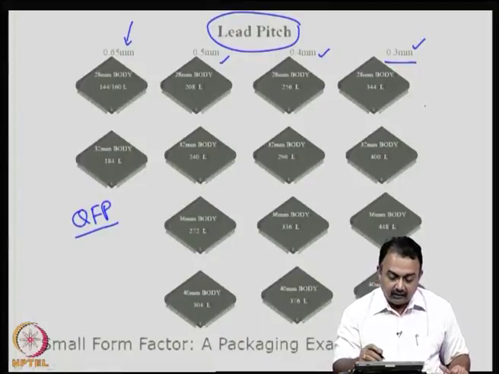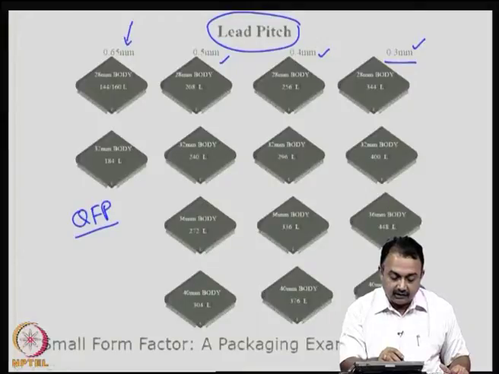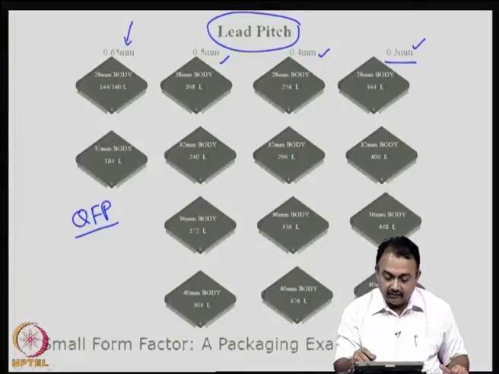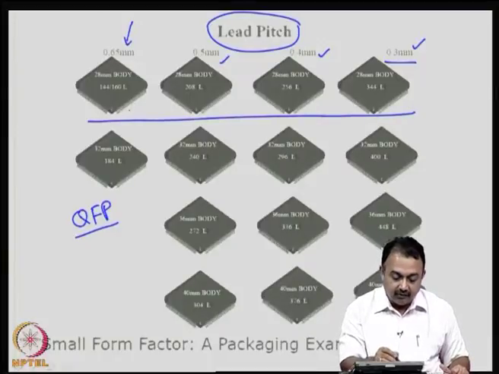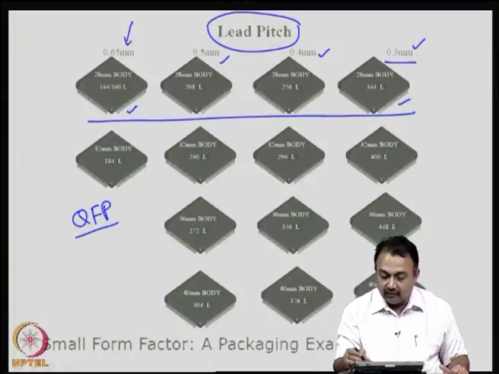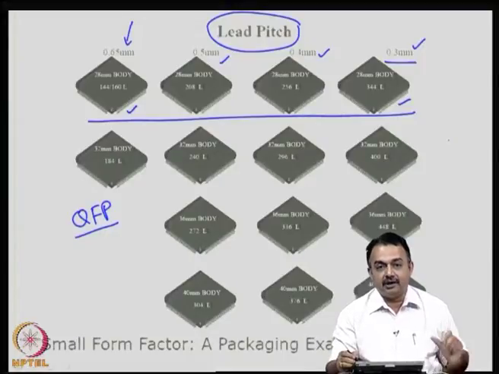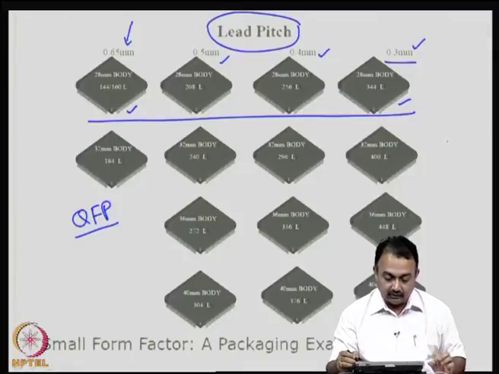Now, if you look at the 28 mm body size used for each of these, you can see the pin counts have increased from 144 to 344. So, reduction in pitch means you can handle more IOs.